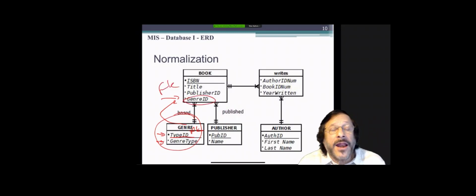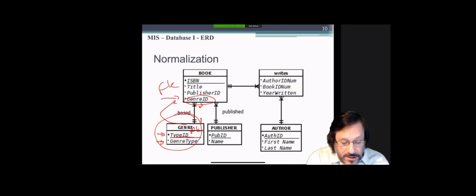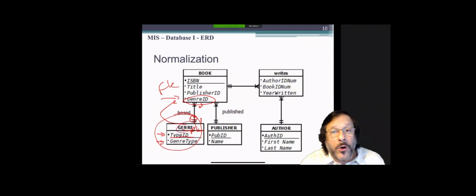How did I know my foreign key went there? Because this was a one-to-many relationship. And in a one-to-many relationship, the foreign key always goes on the one side. And again, knowing how to read this, a book has one and one genre only.